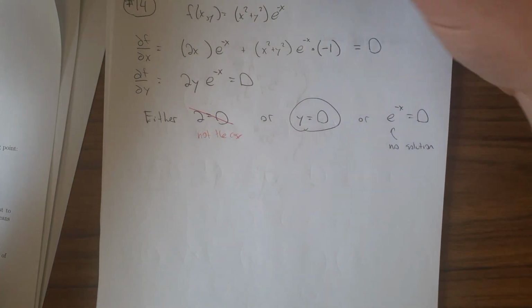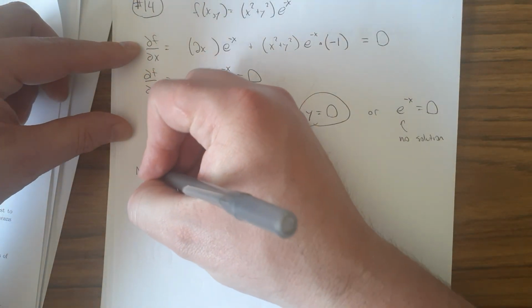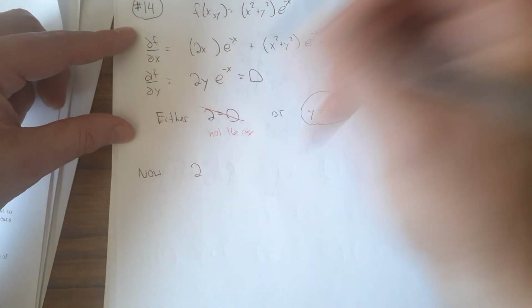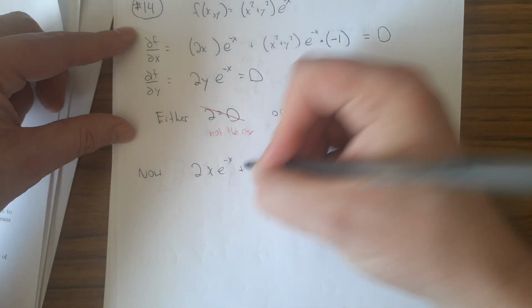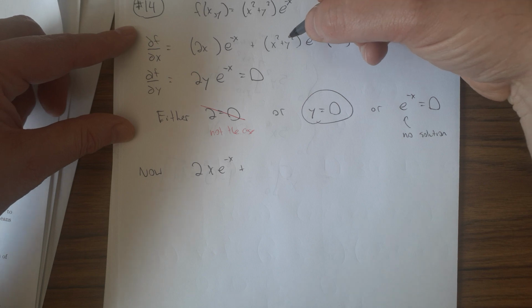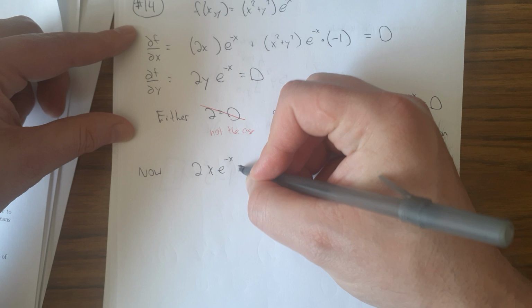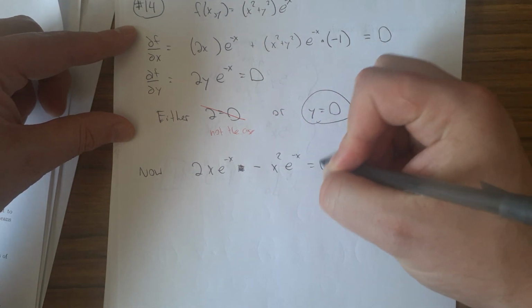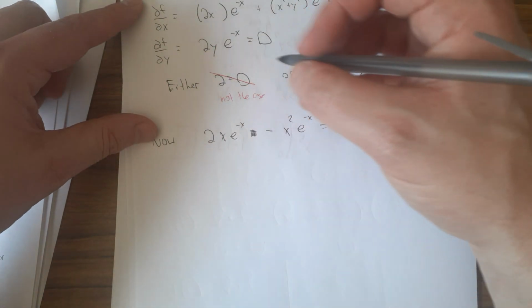That's going to be useful when I go up to the first equation, because I would like to know x. So let me go up to the first equation, 2x e to the negative x plus, and y is 0, and I've got this negative sign, so actually let me write minus x squared e to the negative x equals 0. Okay, let me factor this.